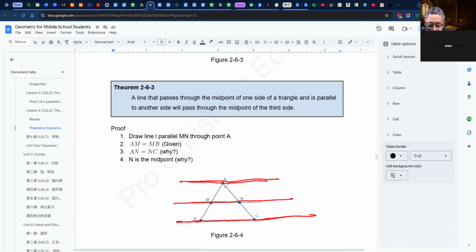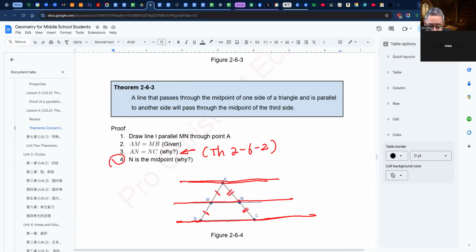We know this and this are given, and based on the previous theorem, theorem 2-6-2, AN will equal NC. So the last one is our conclusion here.